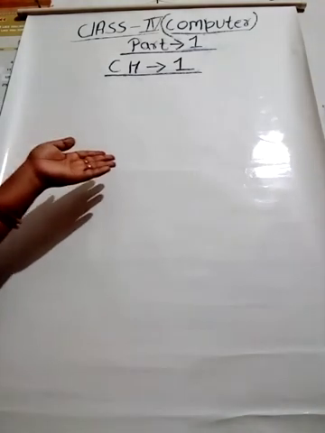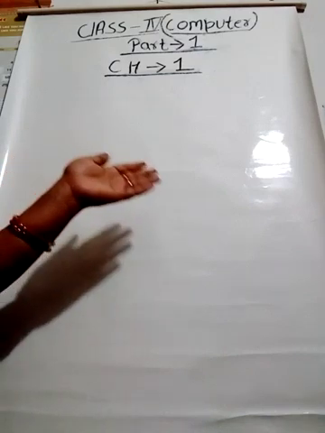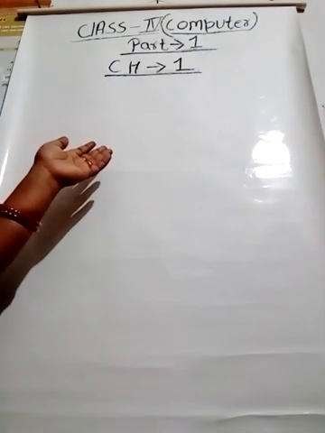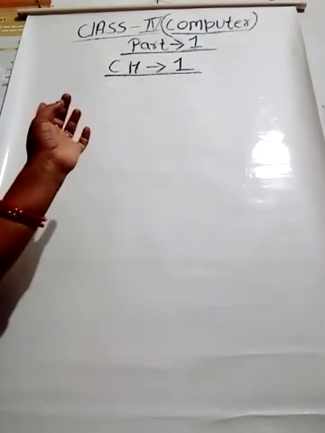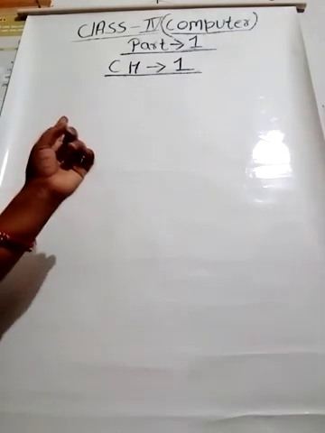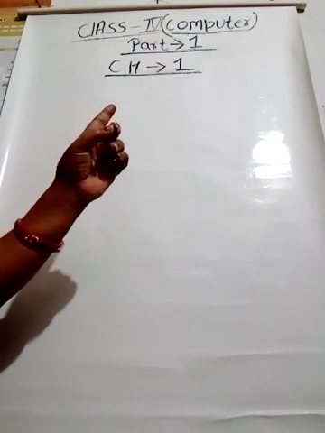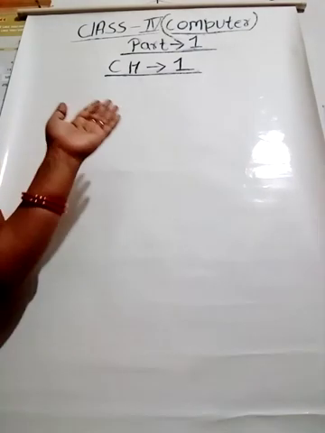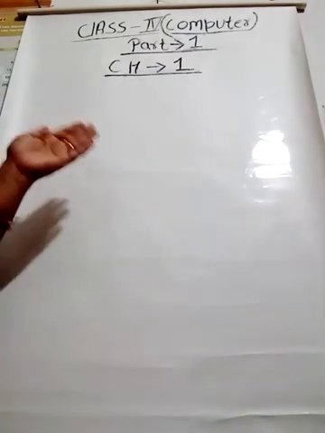In previous classes you have learned what a computer is and what the different characteristics of a computer are. So quickly I am going to explain it. A computer is an electronic machine which is helpful in doing calculations, but is also helpful in playing music, playing games, and sending messages.